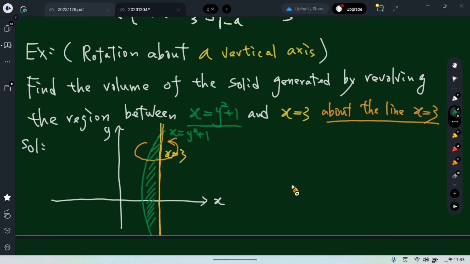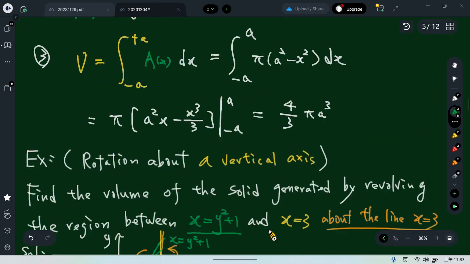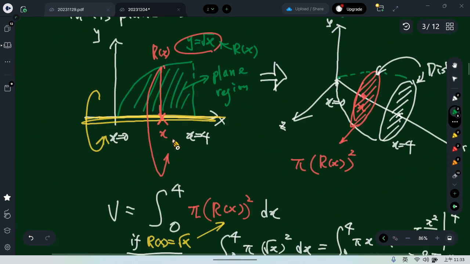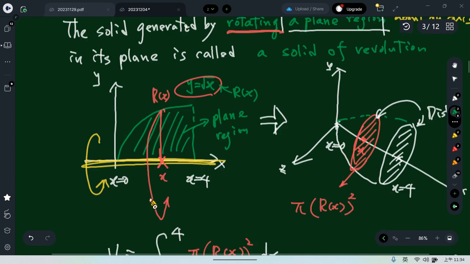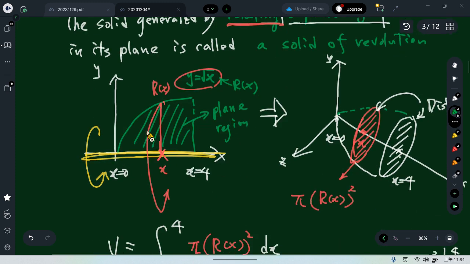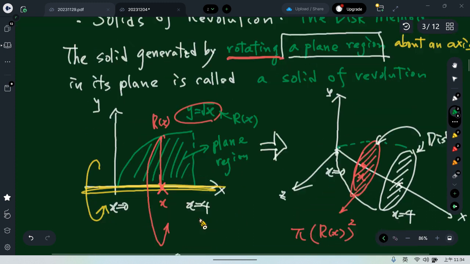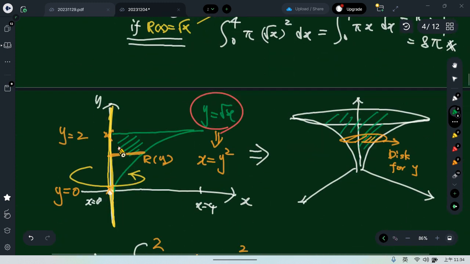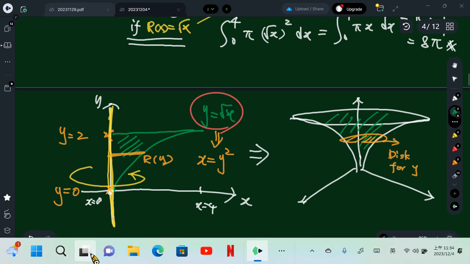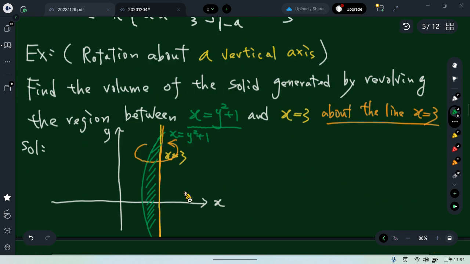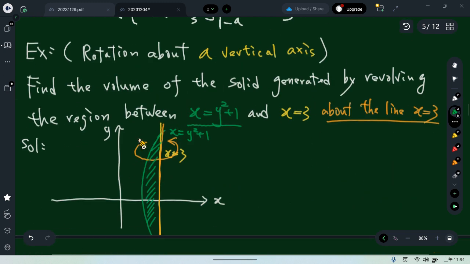It can be a vertical line or horizontal line.